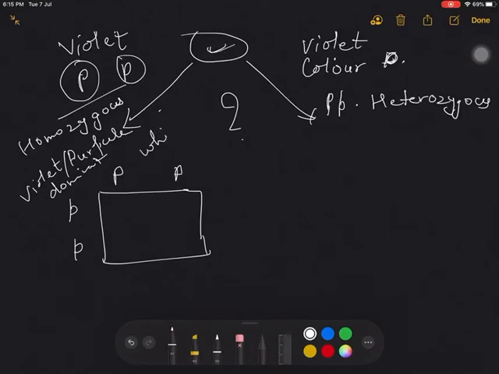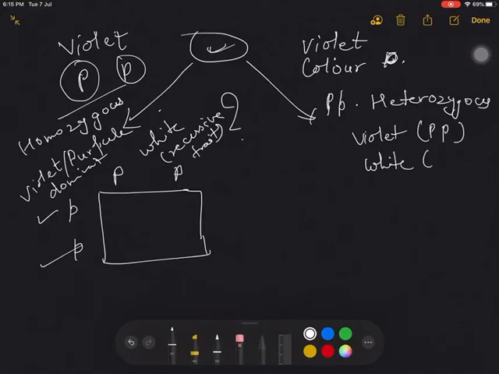Okay, and white is recessive trait. Clear? So this is for the recessive trait. For purple color we use capital P, and white we are using a small p.